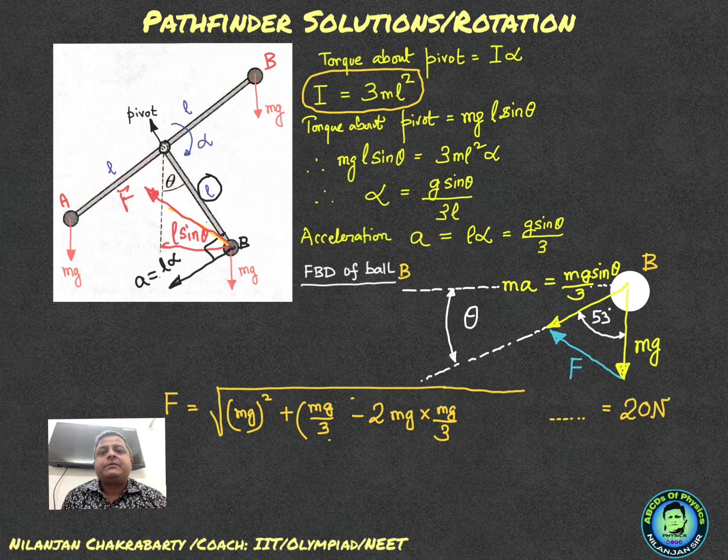You can see from the figure that the angle made by the acceleration a with the horizontal direction is also theta. So in the triangle this angle is 53 degrees, since theta is 37 degrees.